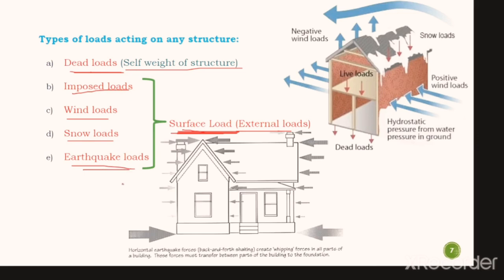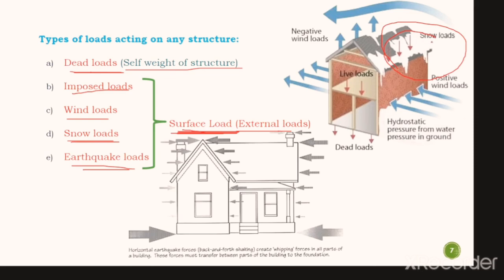Earthquake loads are the forces or the loads applied on a building or on a structure when there is seismic activity, if there is an earthquake near that area. Snow loads are exerted on any body when there is snow. See here in the figure, there is a house, there is a roof, and on that the snow is accumulated.